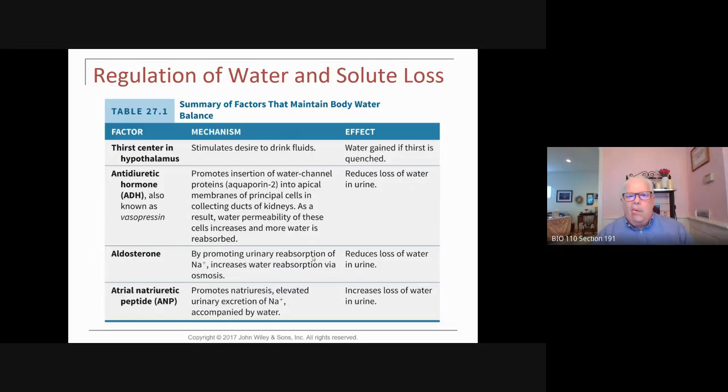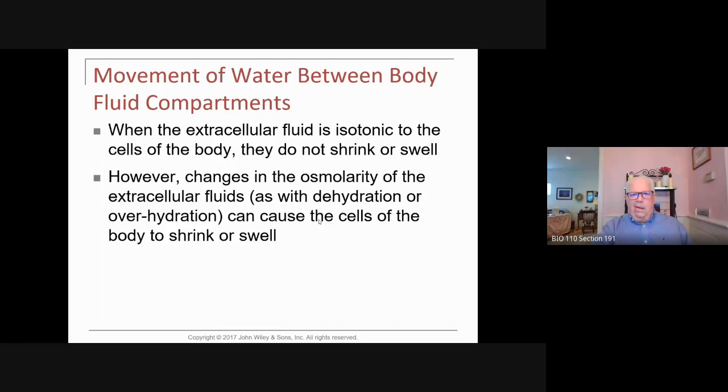You need water. And then you have the mechanisms of ADH, aldosterone, and ANP, all right? Those are the three big ones. So that is very, very important.